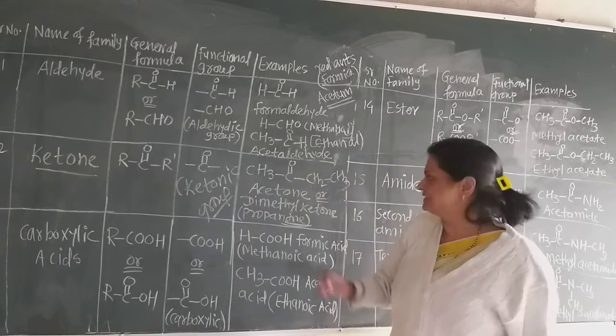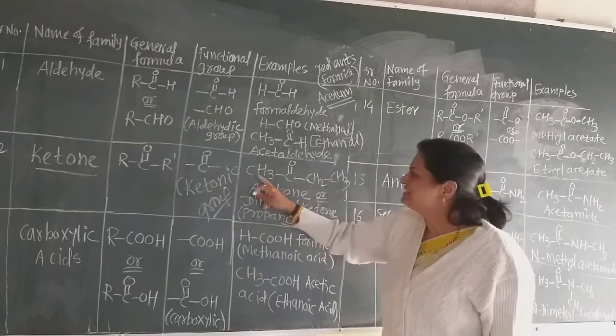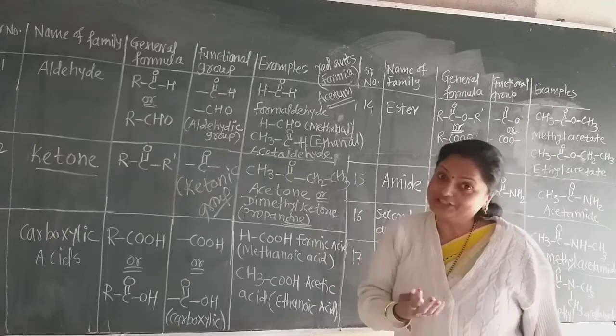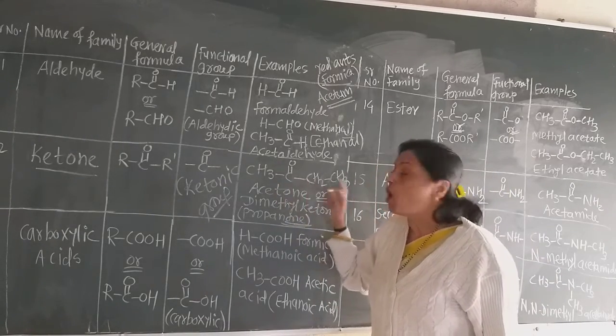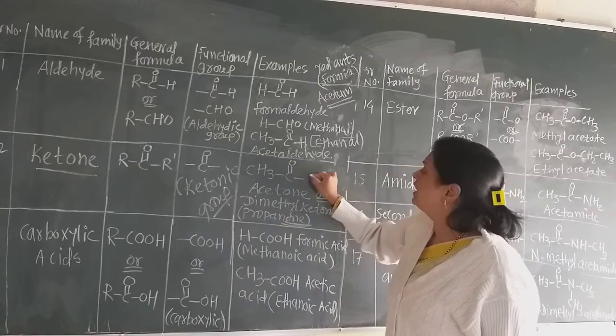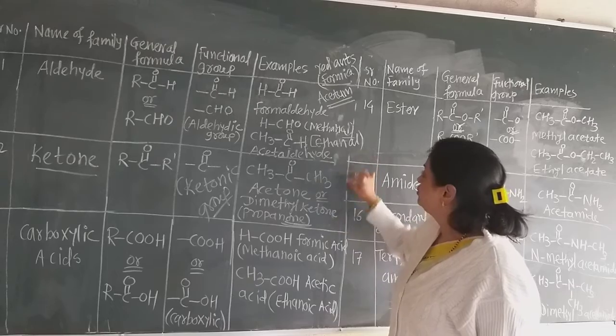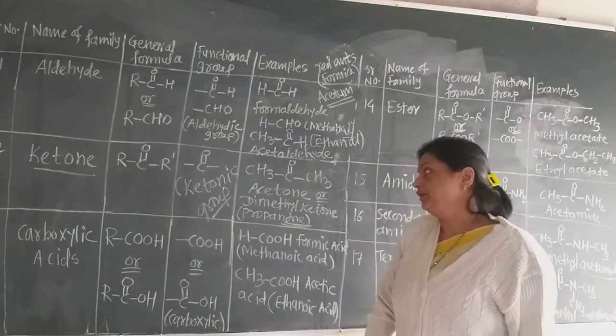It is also called ethyl methyl ketone. But as it contains 4 carbon atoms, it is butanone, actually butan-2-one. In this way we can give the IUPAC name to ketones also. The ketone family is very important.